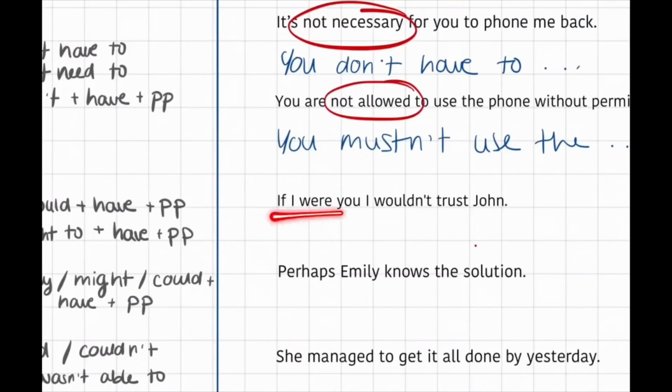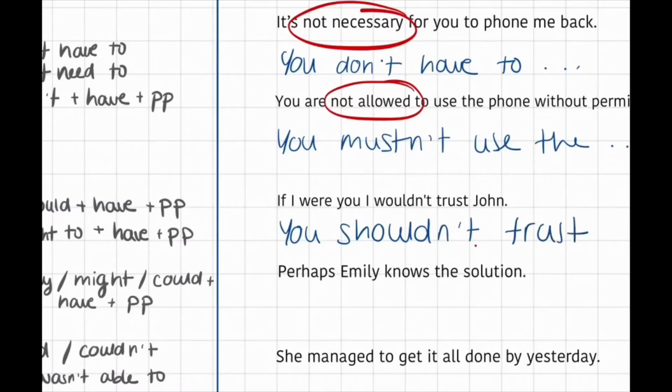If I were you, which is indicating advice, I wouldn't trust John. So you shouldn't trust John. As it's a negative, you use shouldn't. And if I were you is what is indicating that it's advice, okay?